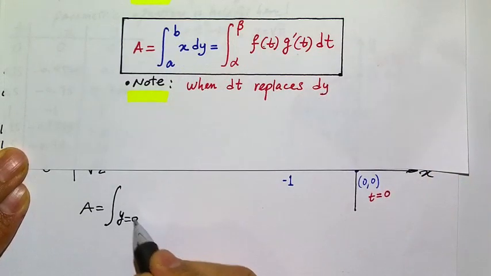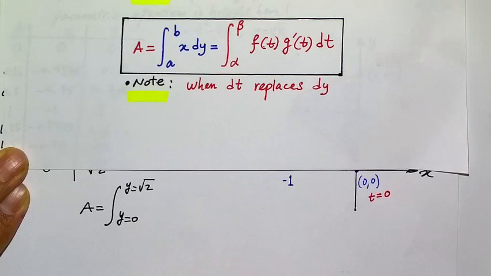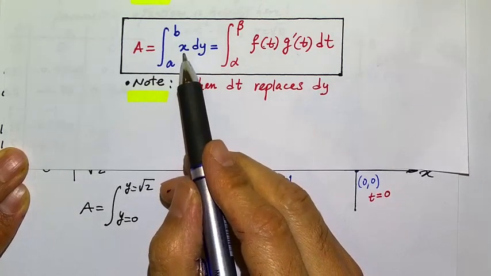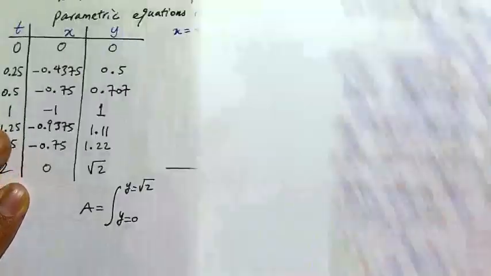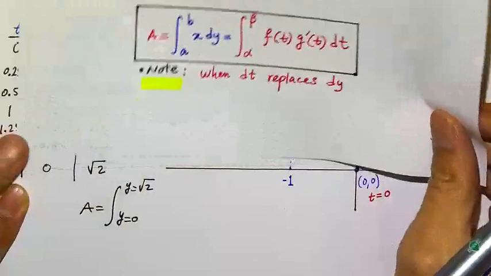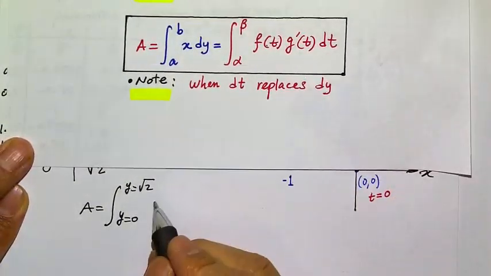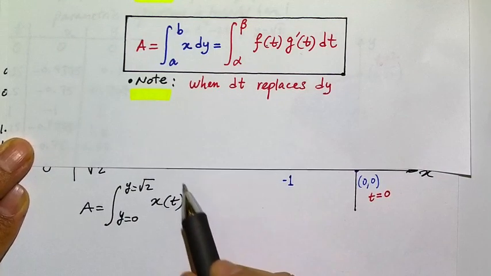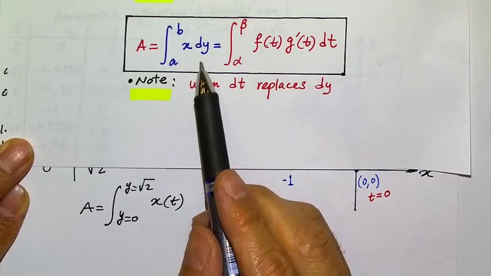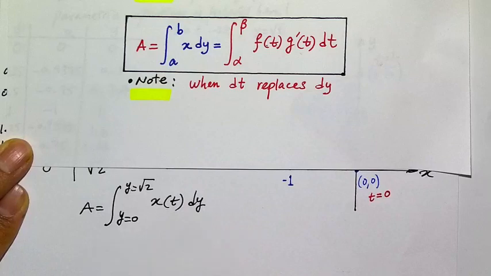So y equals 0 to y equals the square root of 2. And then for x, what did we have? Well, let me write it as it is. So I'm just going to write x in terms of t. First, I'll write this out generally, and then I'll narrow it down to more specifics. And then dy, right? That's what we want.